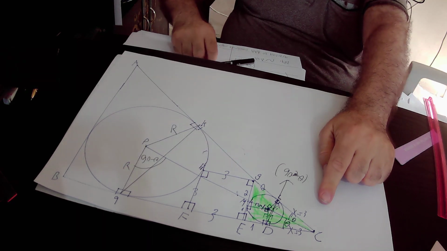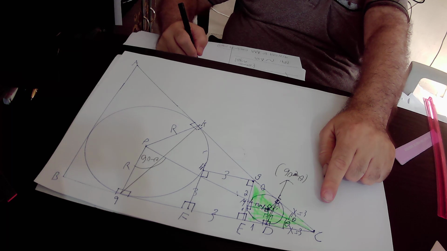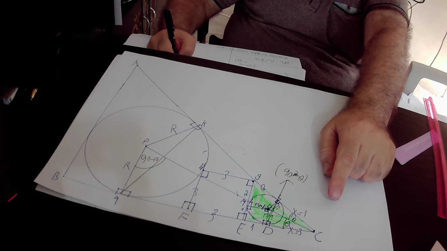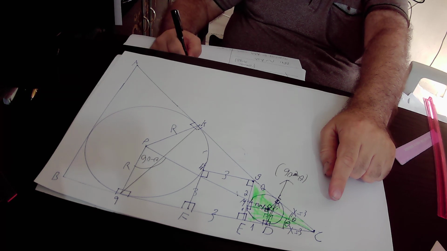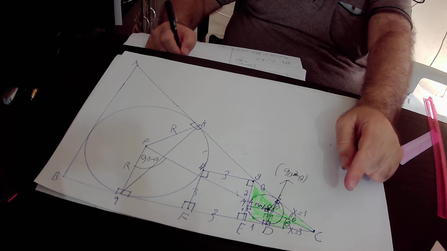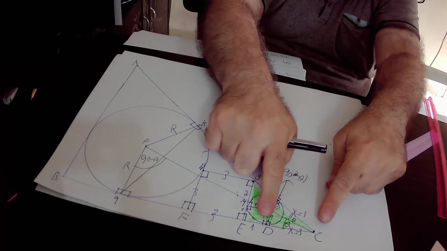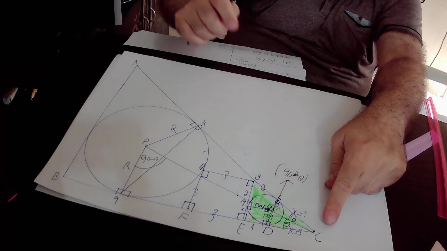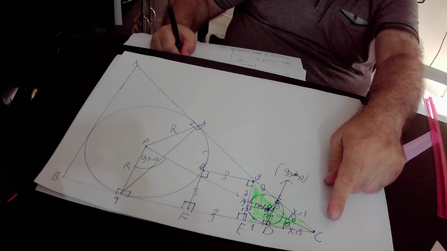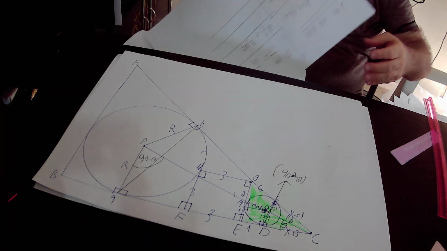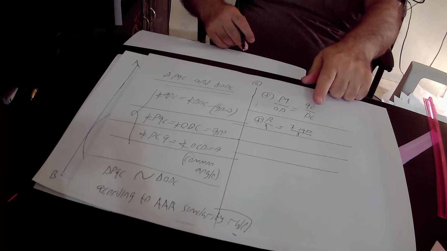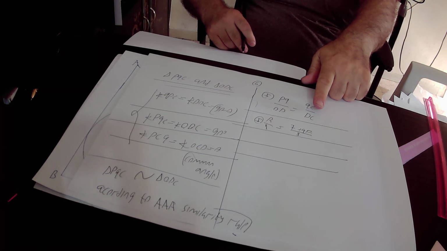So we substitute QC by 7 plus QF over DC. Here DC equals X, that is equal to 3 units, so we substitute DC by 3. In conclusion, according to equation number 1, R equals 7 plus QF over 3.